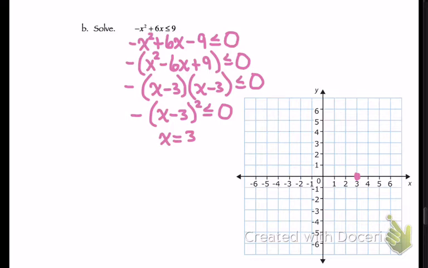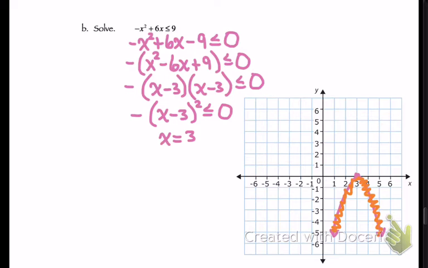Because there is only one point where this crosses my x-axis, I know that has to be the vertex. Hopefully that makes sense to you. If there are 2 points, obviously the parabola needs to go through those 2 points. Because there's only one point, I know it has to be the vertex, and it's always going to work that way. Okay, so there is my parabola.